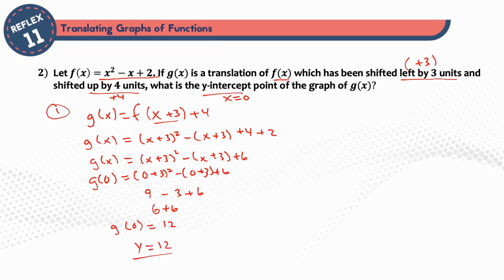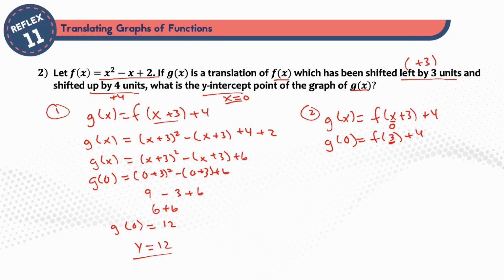Okay, so then that's one method. My other method is a little bit of a shortcut. So we know that we have my g of x function that's equal to f of x plus 3 and then plus 4. So actually, we know that x is equal to 0 for my g function for the y-intercept. So we can just plug that in directly, and then that's going to substitute into this x as well. So we have f of 3, because this will be 0 plus 3, which is 3, plus 4.